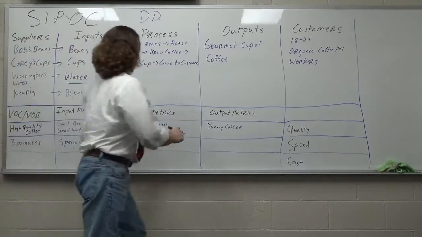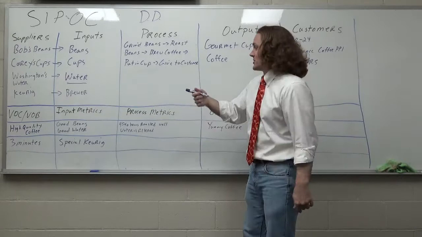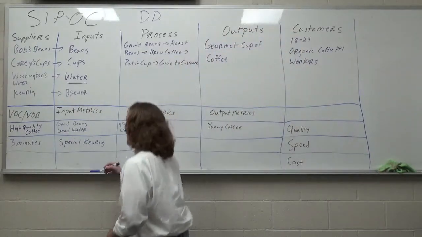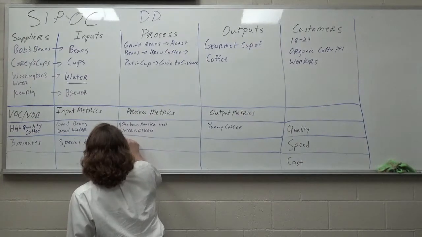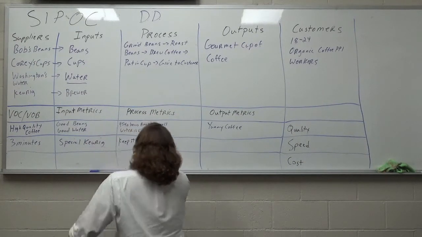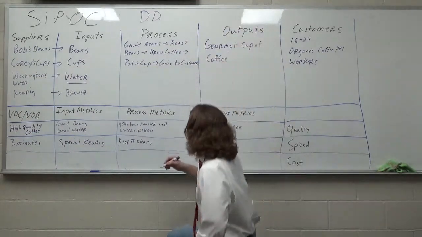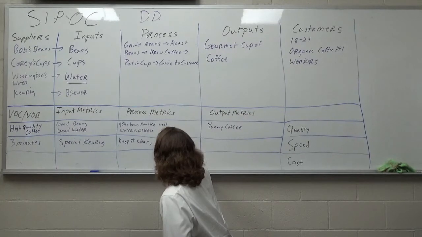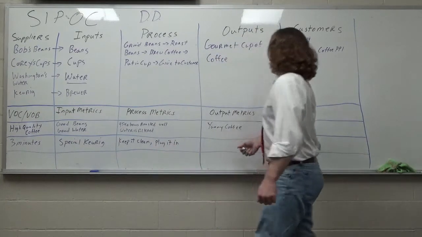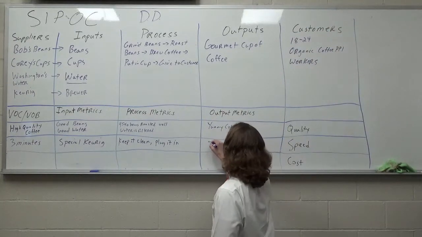Okay, next thing, going along with the process metrics, what do you need to do to make sure that special Keurig produces in 3 minutes? Well, probably need to keep the thing clean. And maybe you need to make sure it's plugged in, or something very simple that people probably forget. Okay? Output metric. Coffee in 3 minutes.